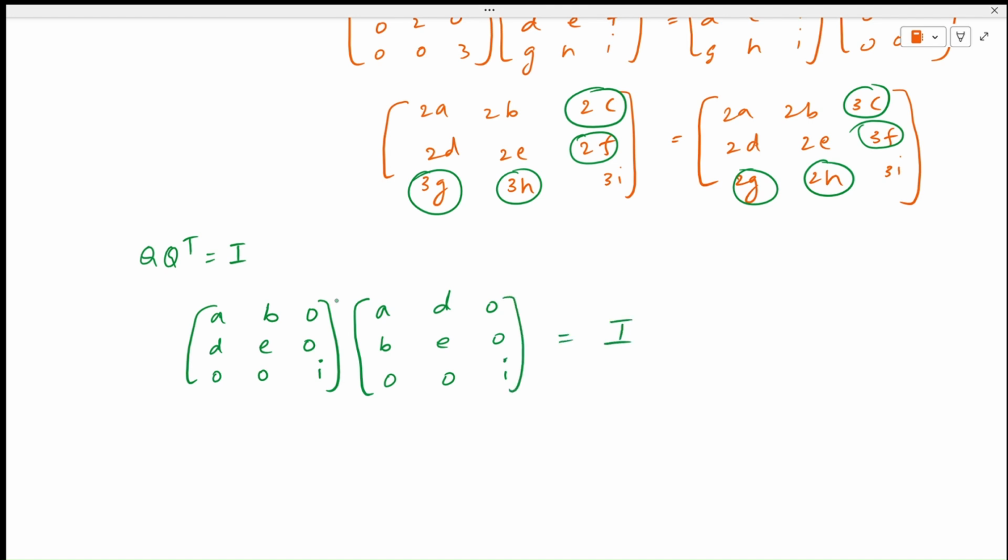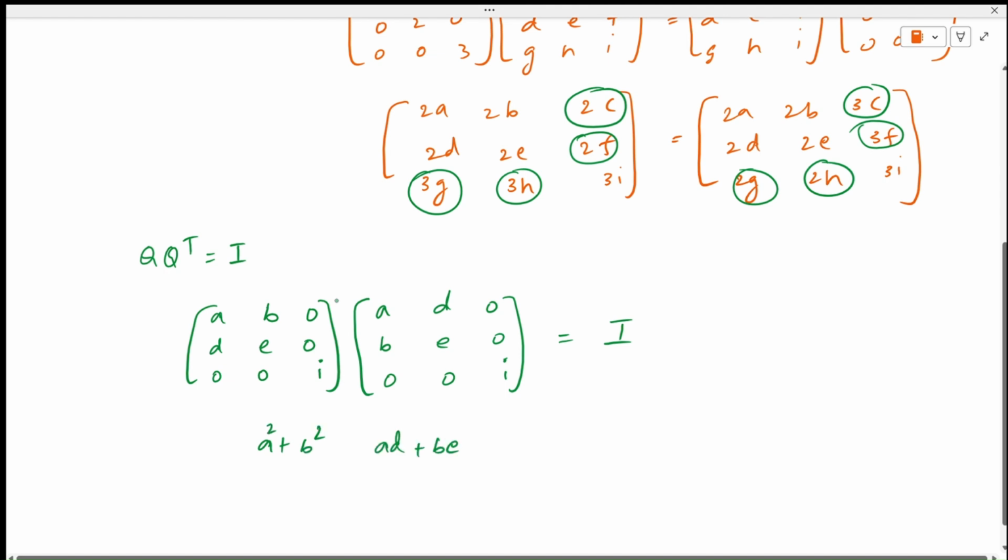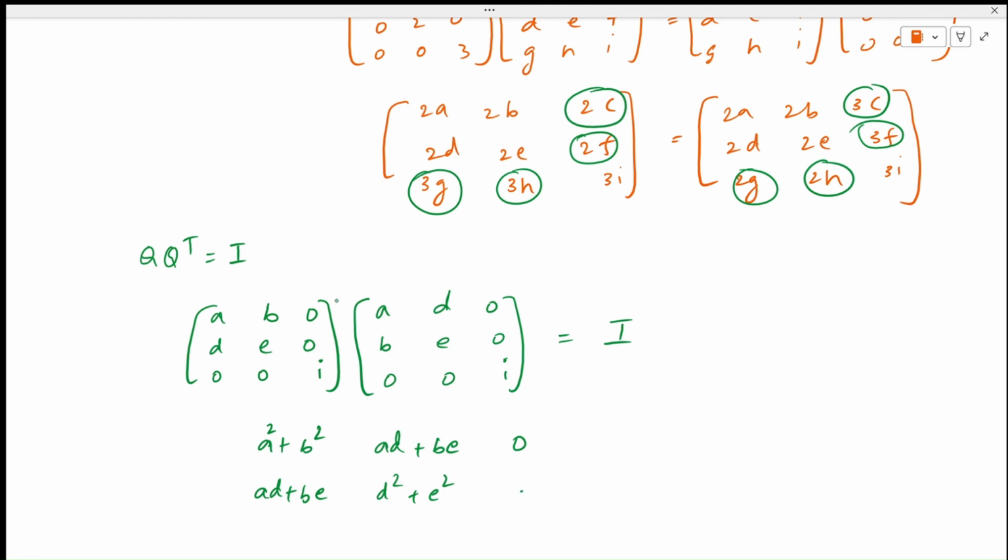So A square plus B square, and then AD plus BE, and then 0. Here we'll get once again AD plus BE, then D square plus E square, then 0. Here we'll get 0, 0 and I square.